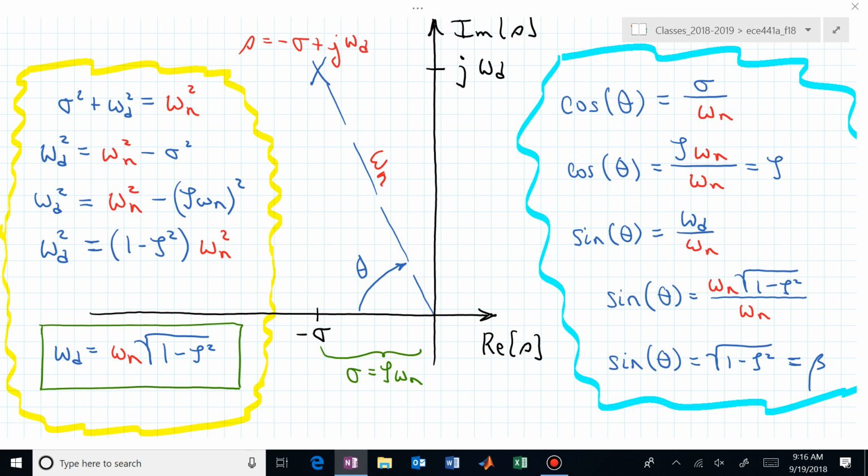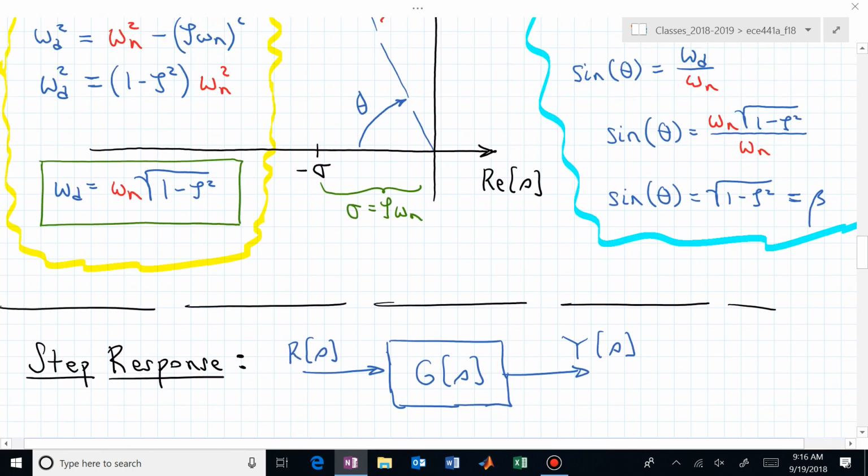That's now beta. All of this will be available to you in the notes, but now I hope we have a connection with me giving you a parameter or parameters or a pole pair. You can start to figure out what's zeta, what's omega sub n, etc. from that information.